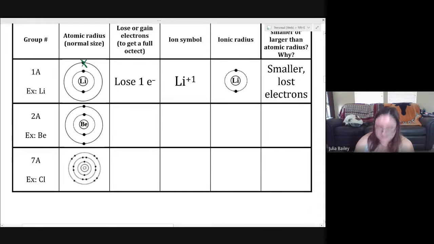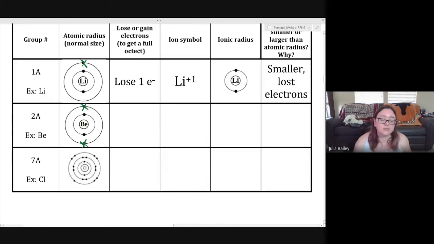It'll lose that valence electron on the outside. The symbol for an ion of lithium would be Li with a +1 to the top right, written like an exponent. For the ionic radius, that whole outer shell comes off, and then you can see that it is smaller because it lost electrons.